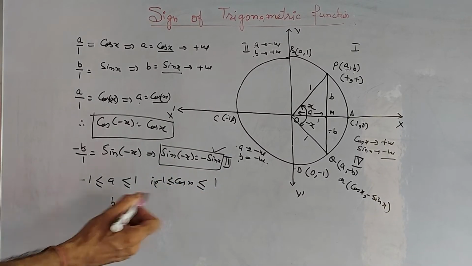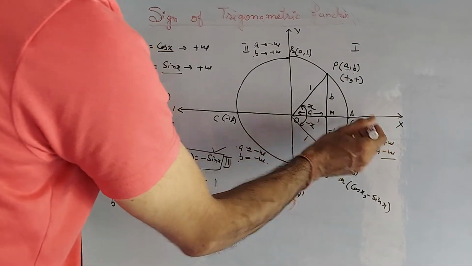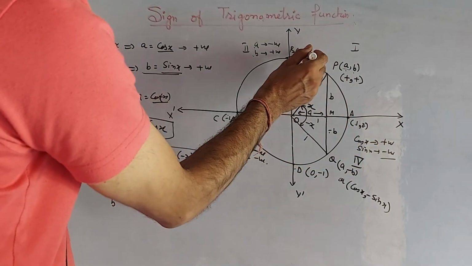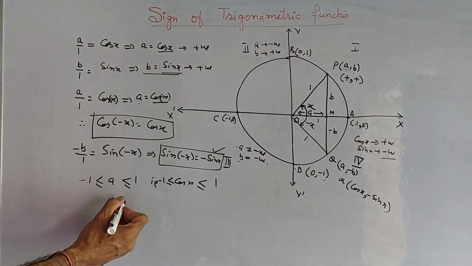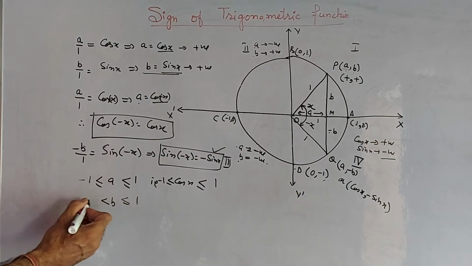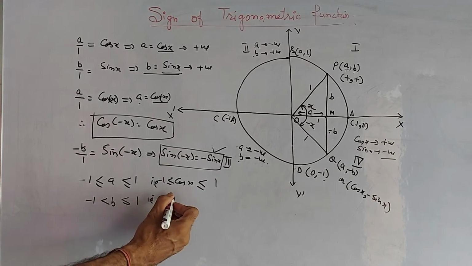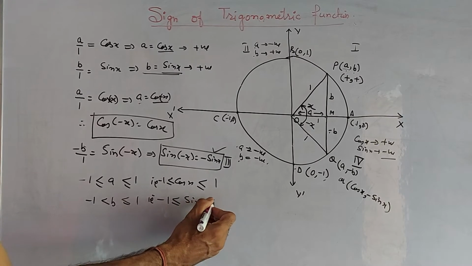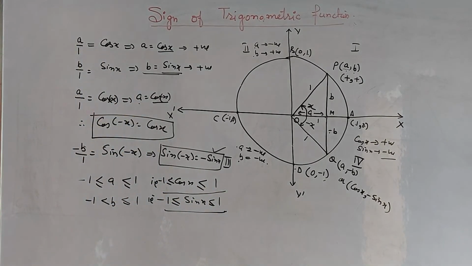Similarly, b is sin x. The value of b goes 0, 1, 0, -1 and 0. Therefore b also lies between -1 and 1, meaning -1 ≤ sin x ≤ 1. The values of sin x and cos x lie between -1 and 1.